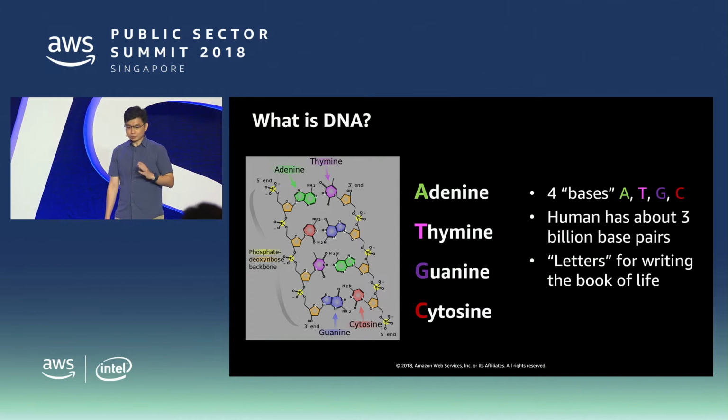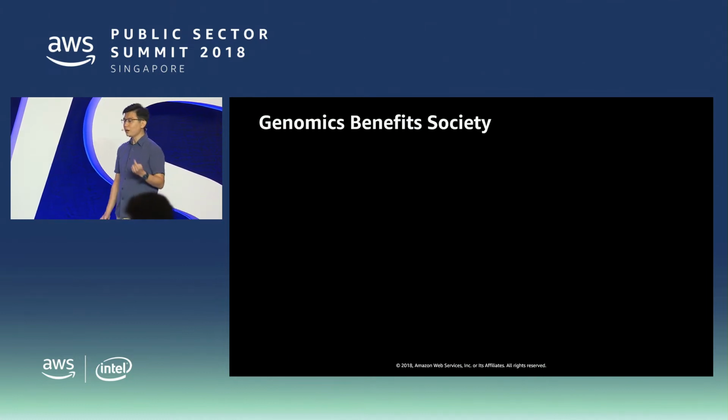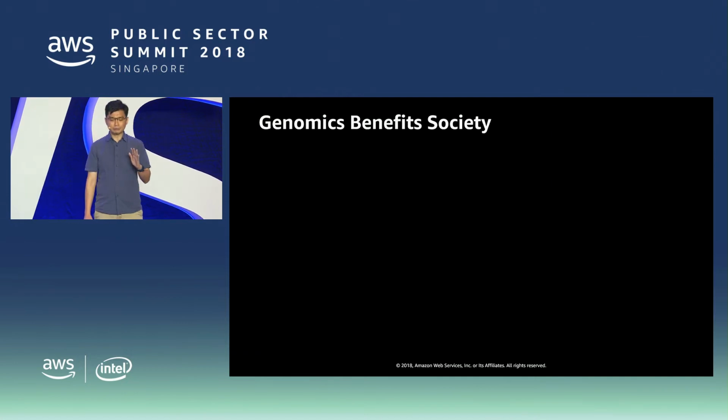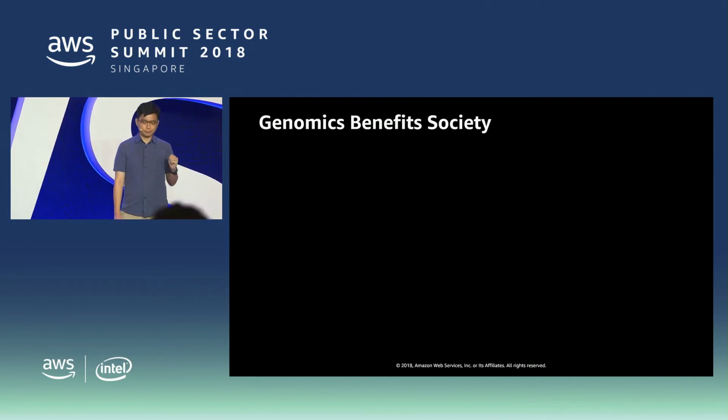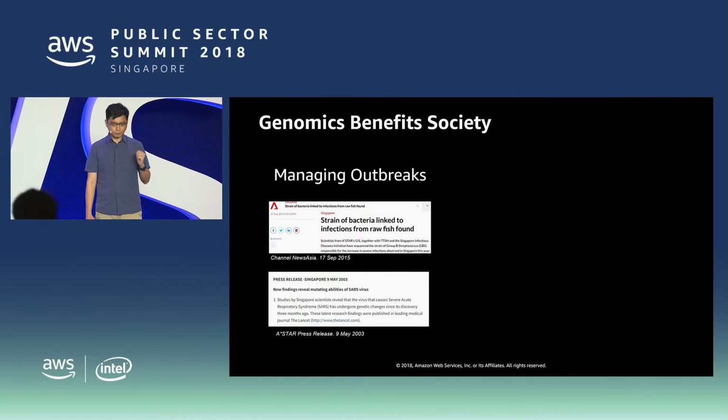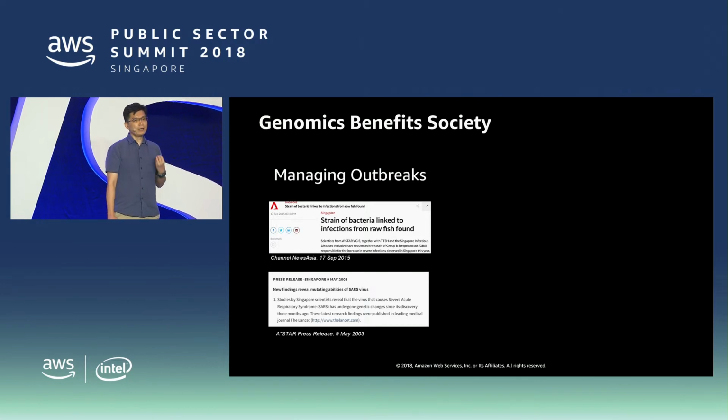That's all good. But why are we studying genomics? Because genomics is a very powerful tool for good. I'll give you some examples of what we do at GIS. By studying the genomics of pathogens, we have helped decision makers make better decisions to manage serious outbreaks.